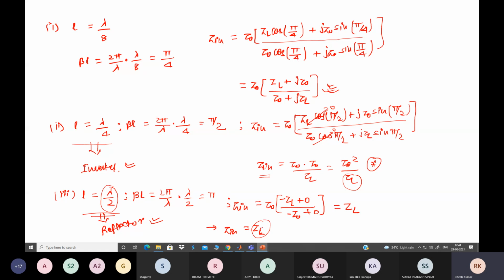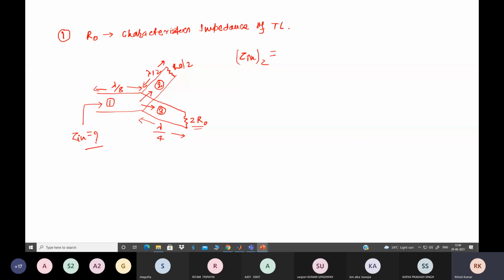Means whatever the load impedance is, the same will be the input impedance for this length. Therefore, we can write Z in 2 equal to R0 by 2. Directly we have written the value of this load impedance here.